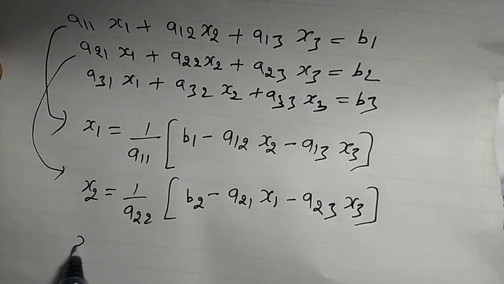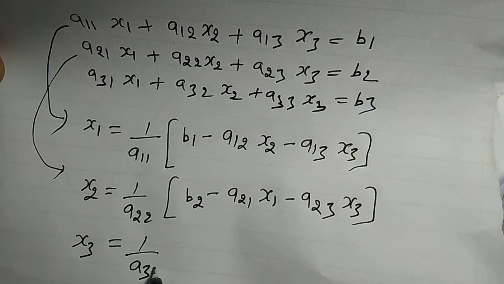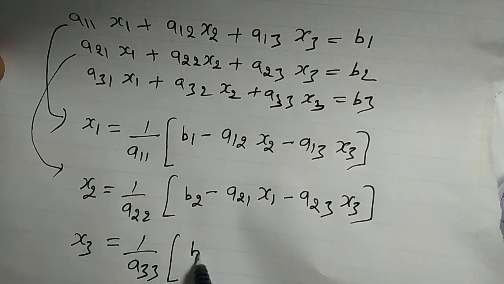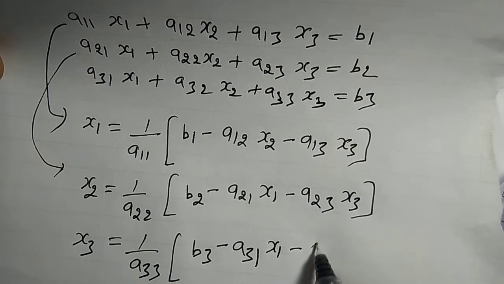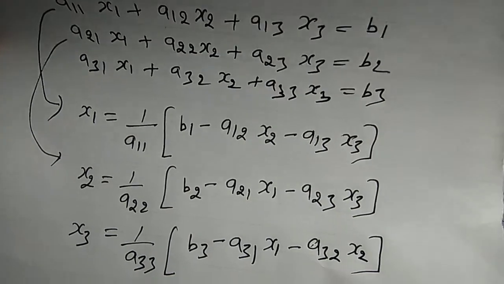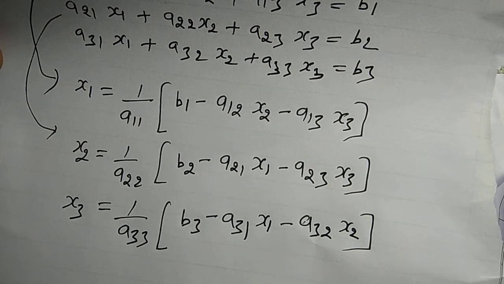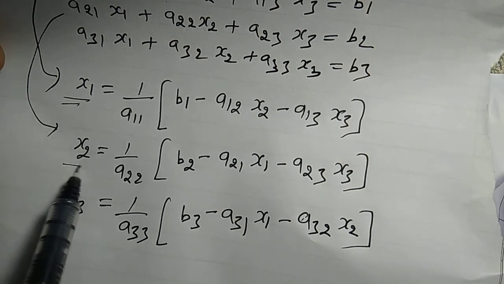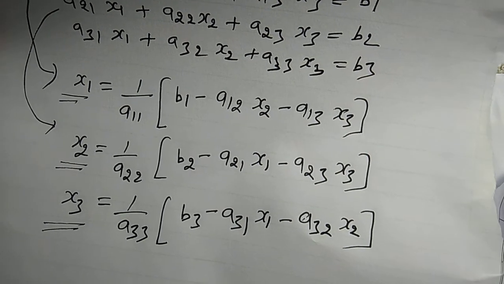From the third equation we'll get x3 equal to 1 upon a33 and b3 minus a31 x1 minus a32 x2. So from the first equation we got x1, from the second equation we got x2, from the third equation we got x3.